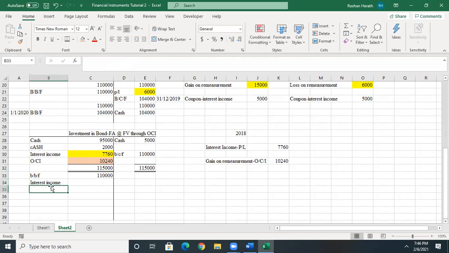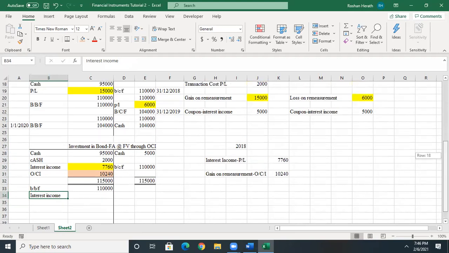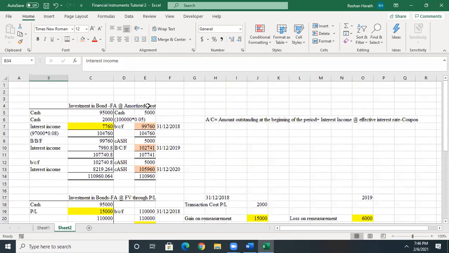But here be conscious, because this has to be exactly similar to the financial asset at amortized cost.